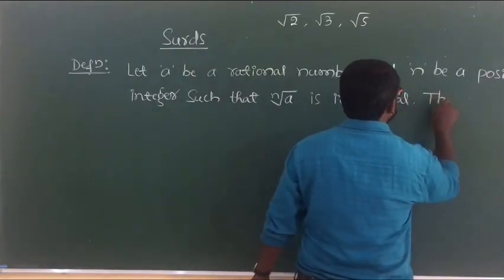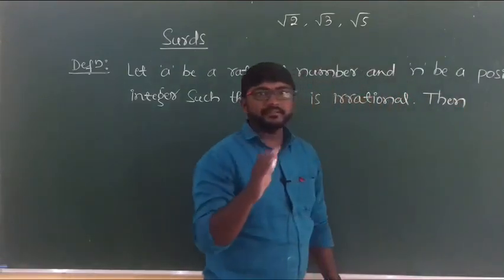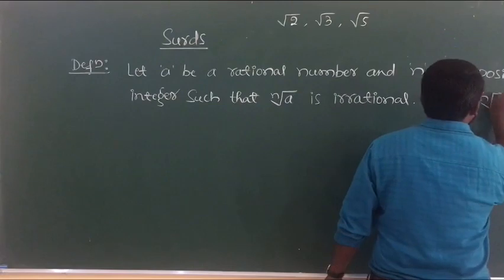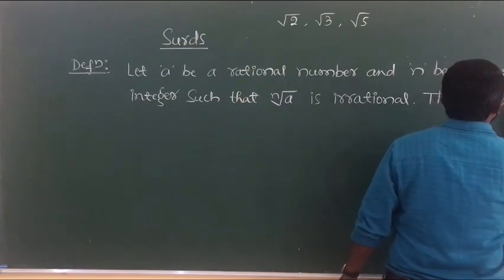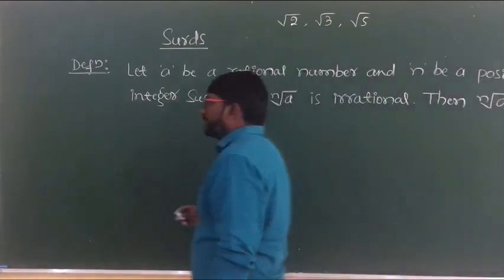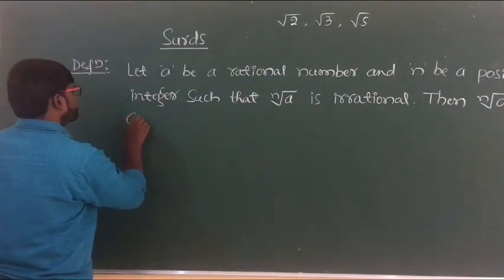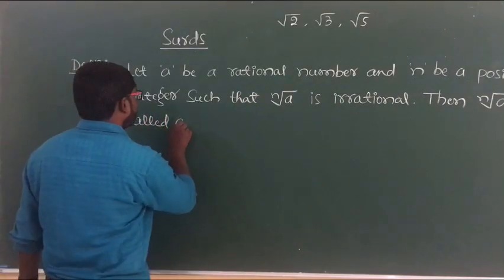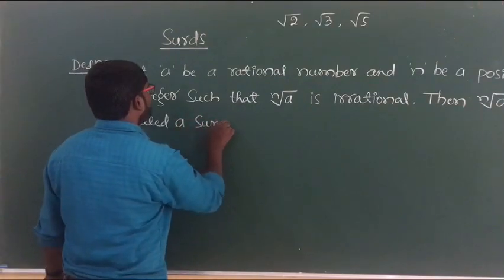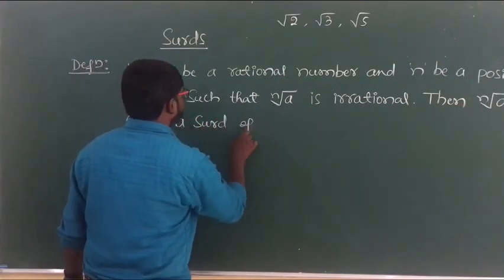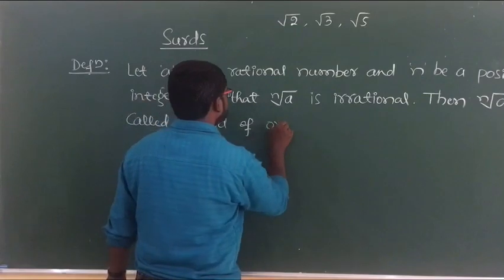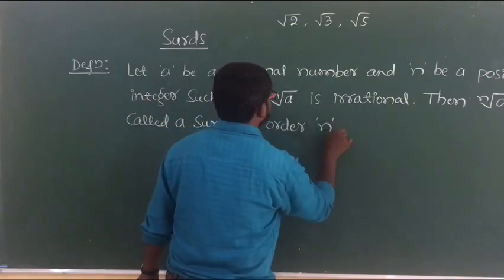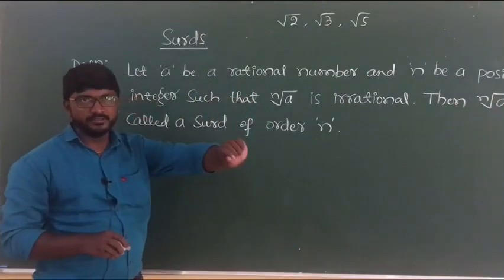Then nth root of A is called a surd of order n.